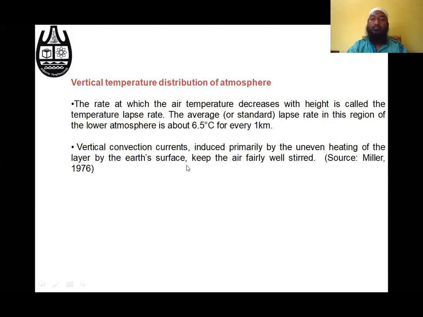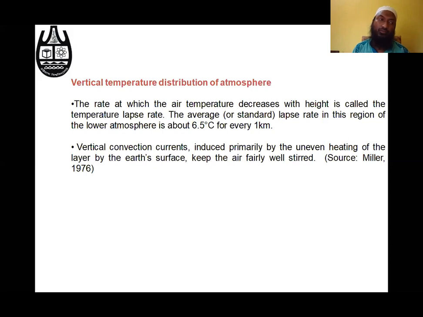Vertical convection currents are caused primarily by the uneven heating of the layer. That means the Earth's surface is uneven. When uneven heating happens on the surface, it creates variation in the temperature of the gases, which gain different temperatures from different areas of the Earth's surface, and then they try to move.